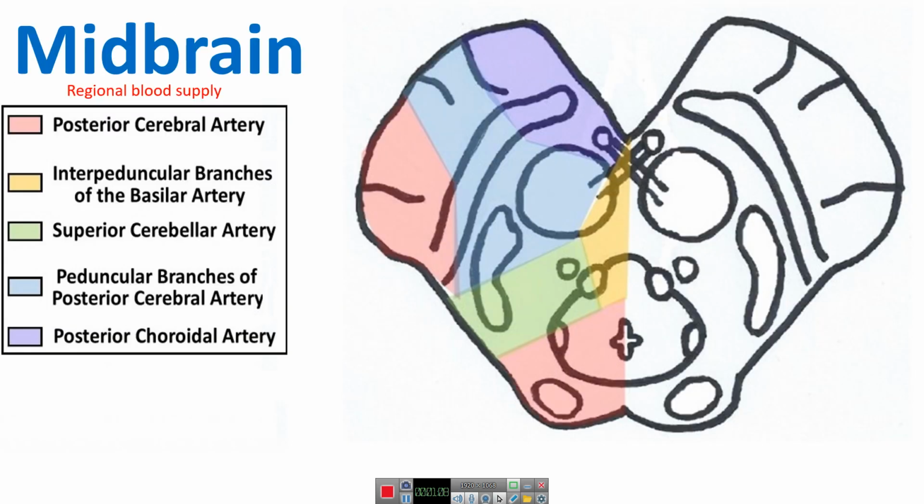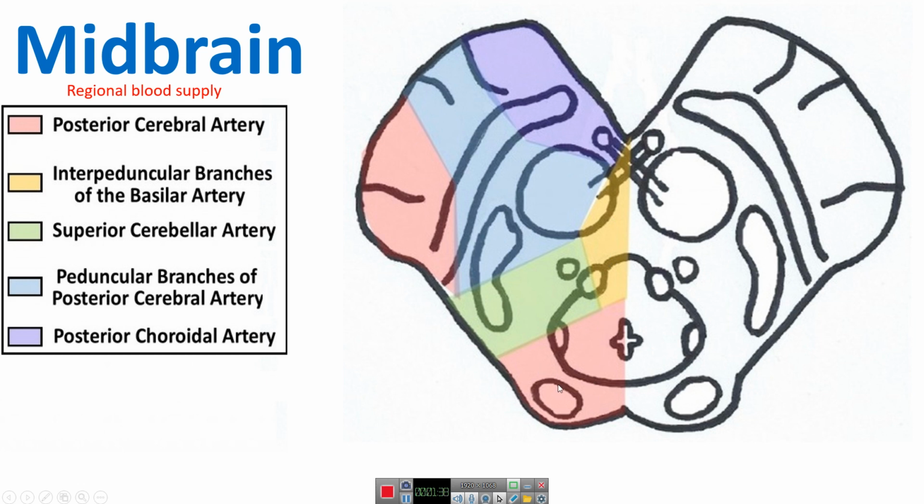In order to study this syndrome, we have another concept or another view for the blood supply, which is the regional blood supply. This is the V-shaped midbrain. We have this distribution of the different blood supply of the brain, which explains if one artery is occluded, what is the neurological manifestation which will happen.